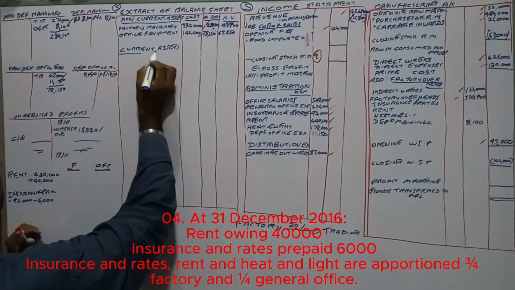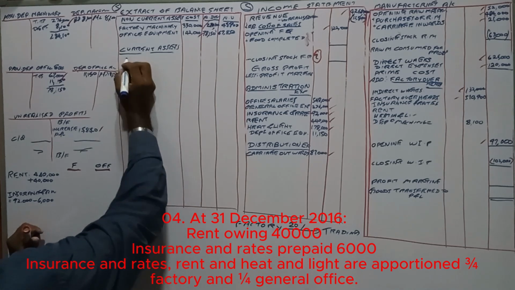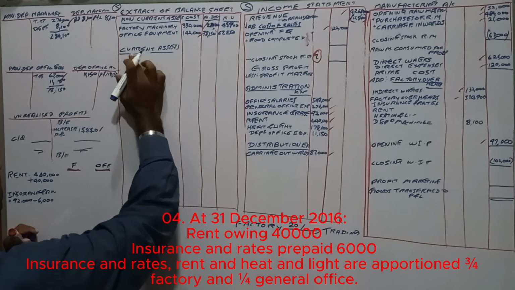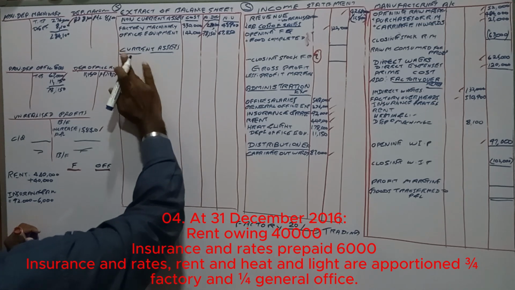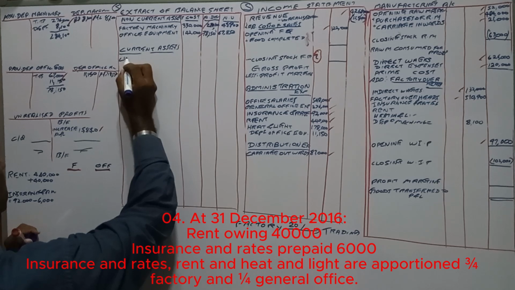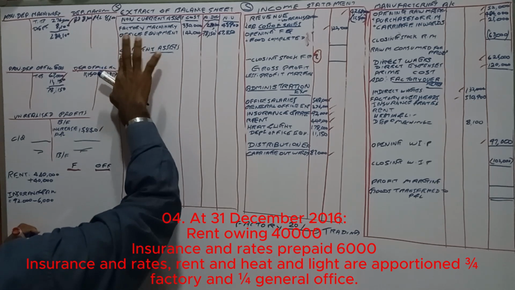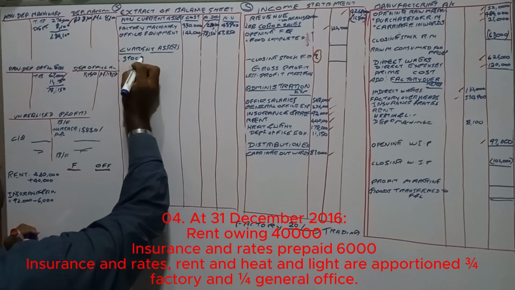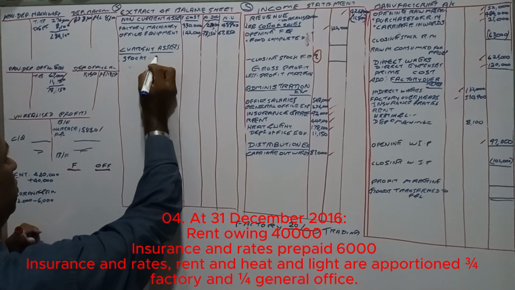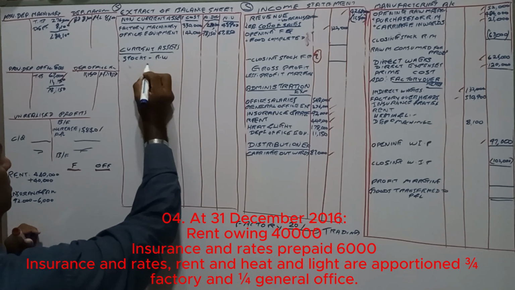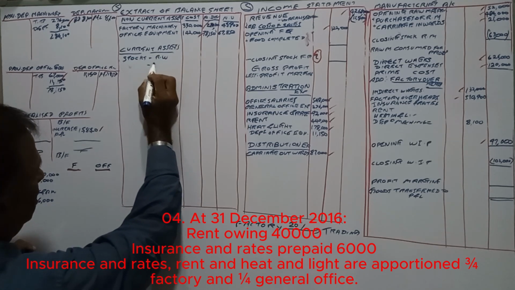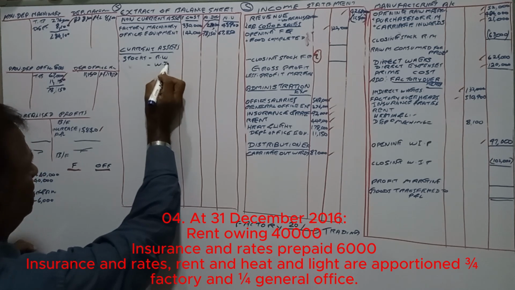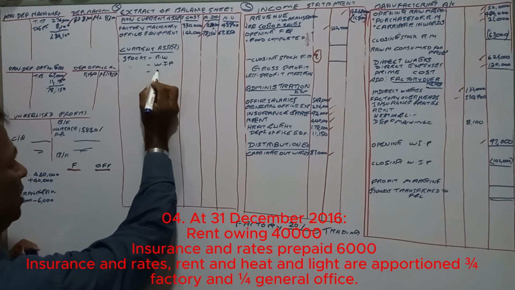In the current assets, before saying the rent, closing stocks. Rather than saying closing stocks, you can say stocks: raw material, work in progress, and finished goods.